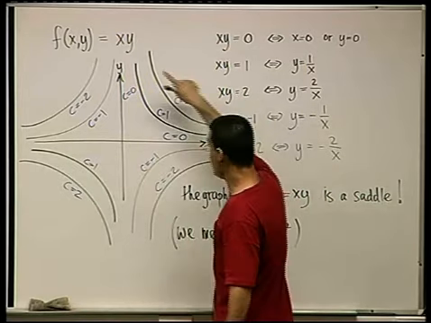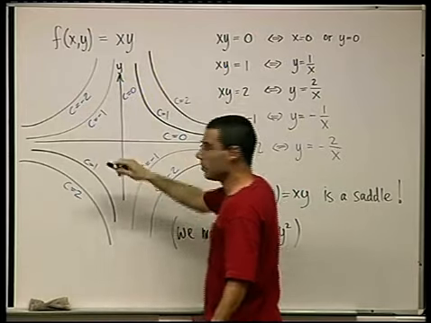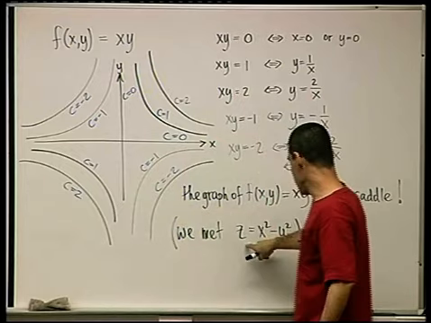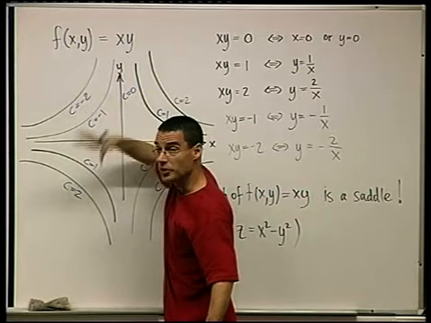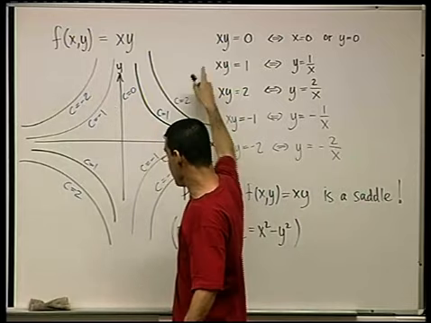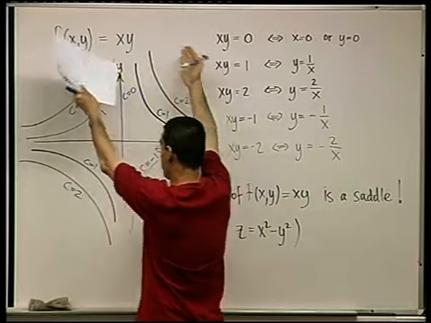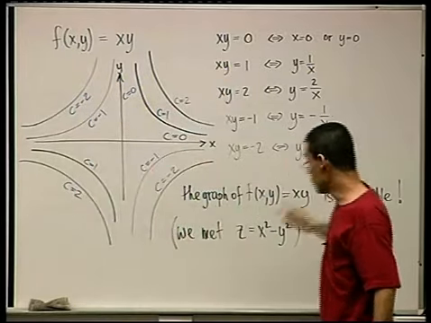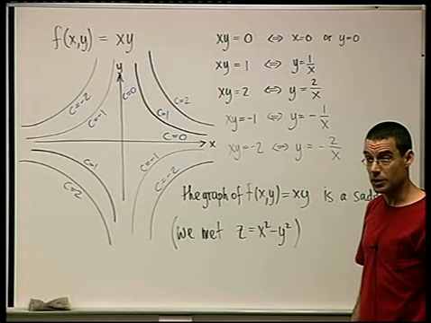The one we drew now has the axes as the points where the value is 0. And x squared minus y squared had y equals x and y equals negative x, this cross like this, as the points where it's 0. And then the hyperbolas looked like this and like that. So if you're wondering how the two relate to each other, that's how they relate.